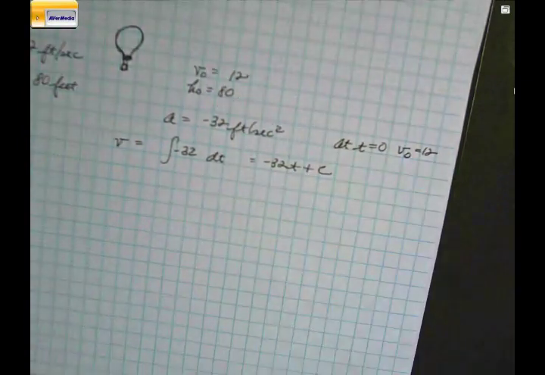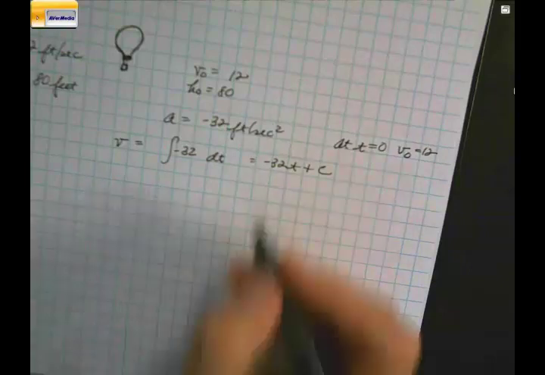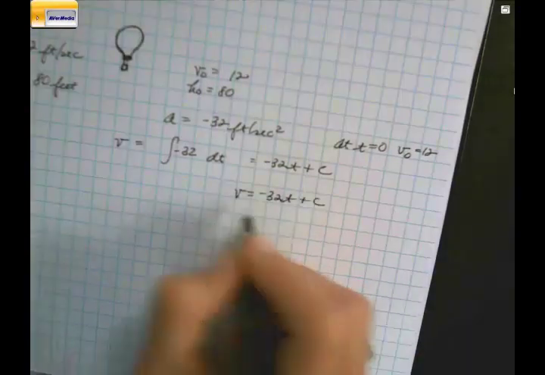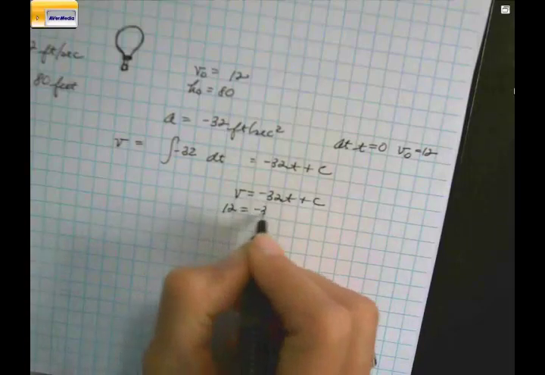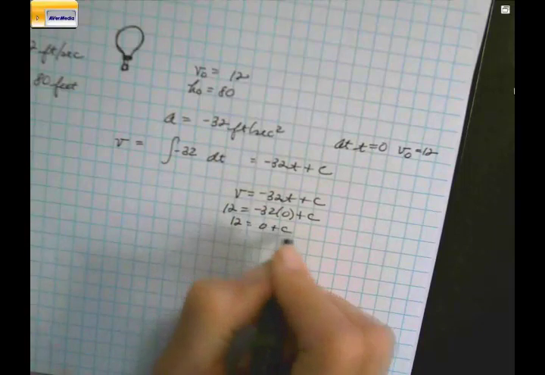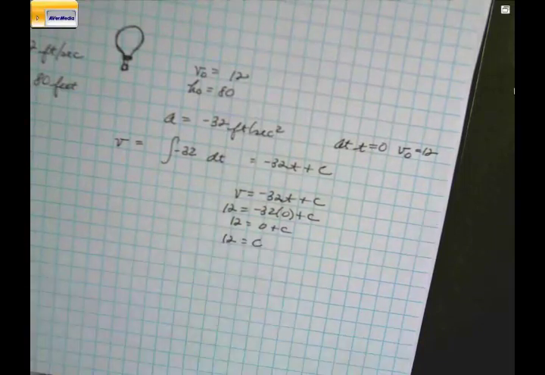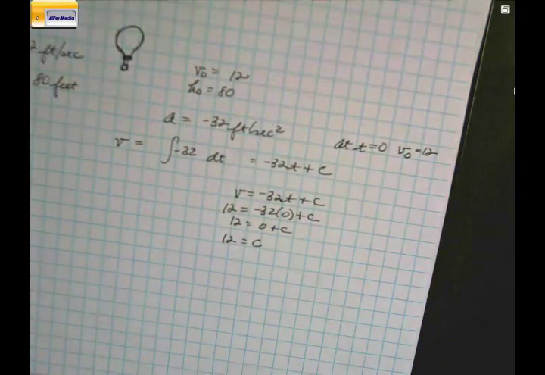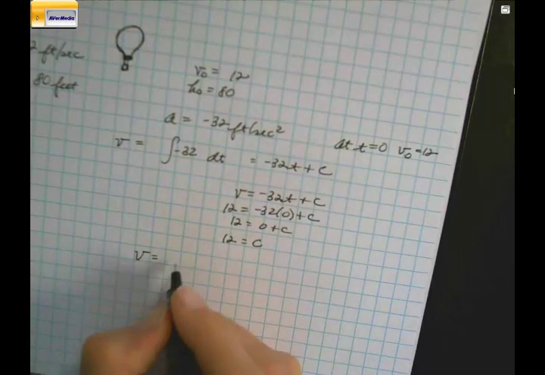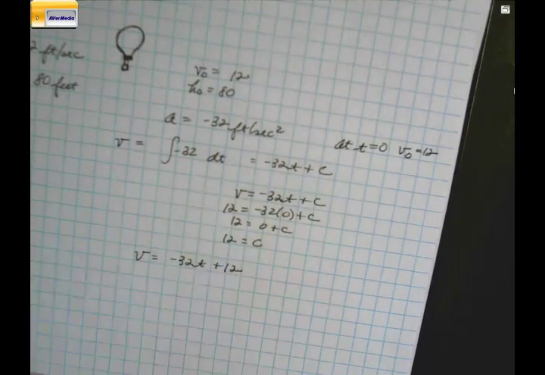So we can go through the whole algebraic process to prove this, because we got that the velocity is a negative 32t plus c. But if your velocity was 12 at a time of 0, then sure enough, your c is 12, which is your initial velocity. So when you integrate acceleration and get velocity plus c, the c is really going to be the initial velocity. So now you have that your velocity function is a negative 32t plus 12.